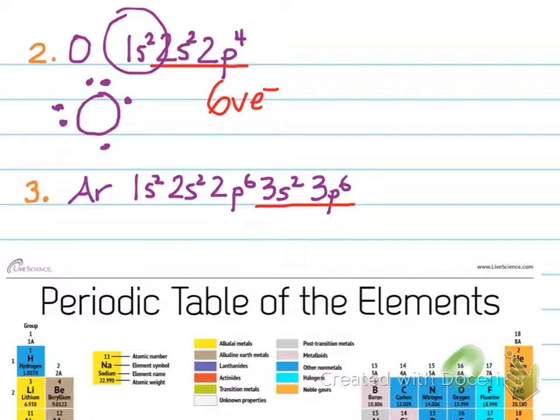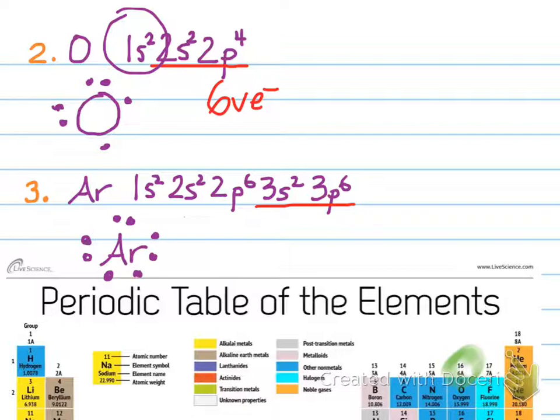So notice we have 8 valence electrons, which we could also see from the periodic table, since argon is a noble gas in group 8A. So we write our symbol for argon: 1, 2, 3, 4, 5, 6, 7, 8. There are our 8 dots. There is our electron dot structure for argon.